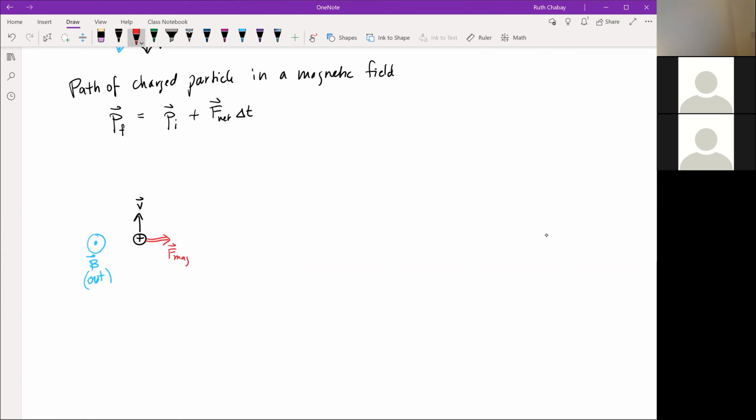And that means that when we apply the momentum principle, here's our initial momentum. Let me draw it on the other side so this doesn't get so messy. So here's our initial momentum, and now we add an impulse, an F net delta T. And so our new momentum is now in that direction.